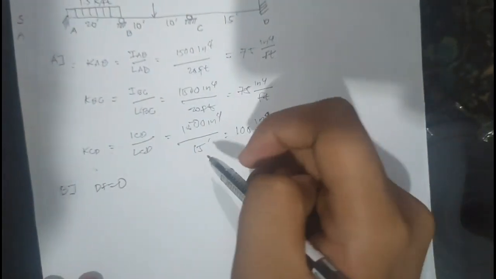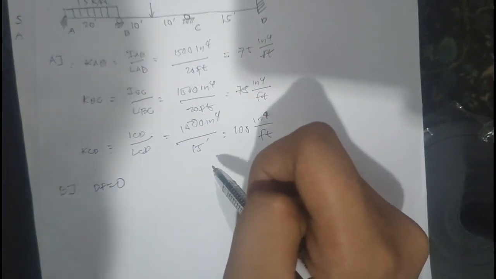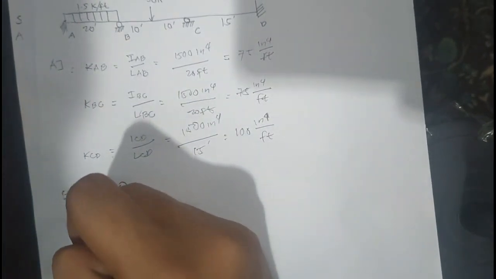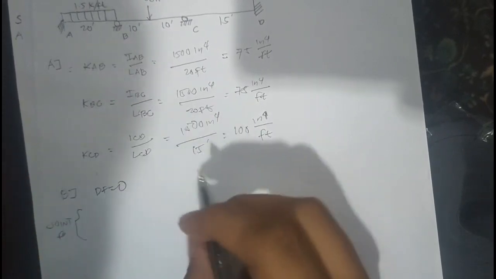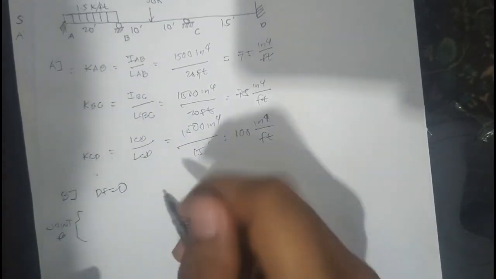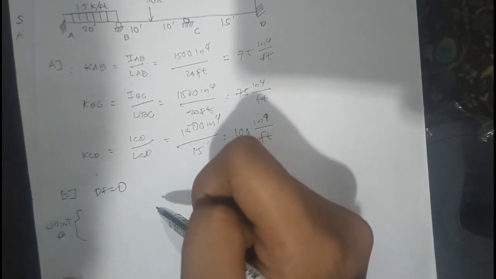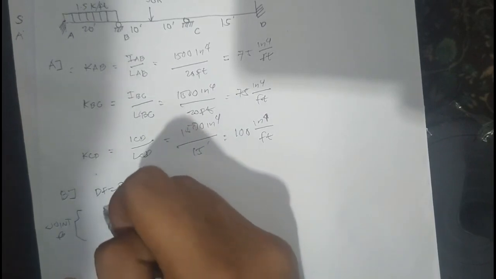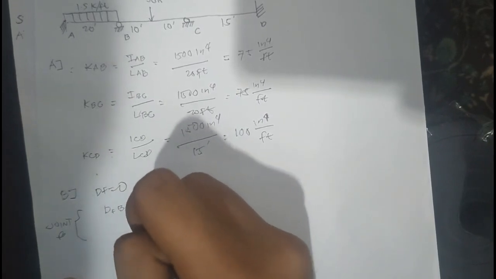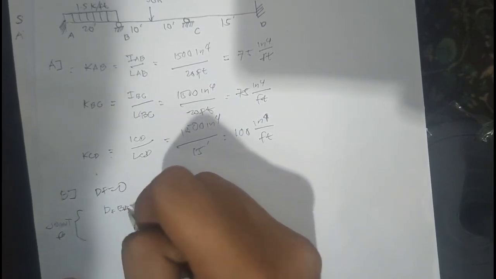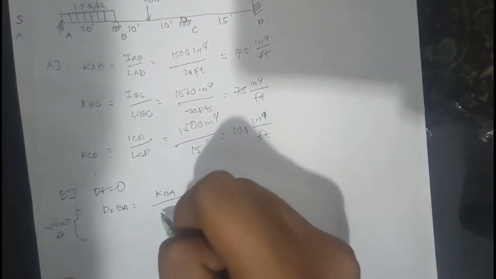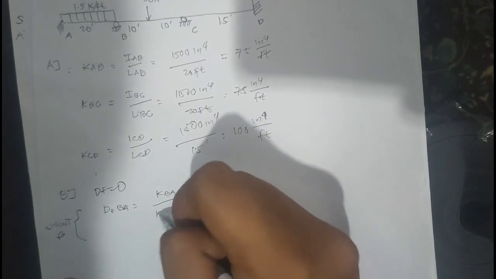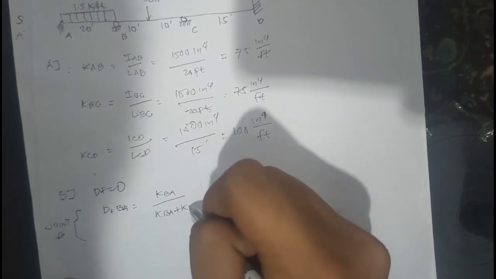The first thing to solve is joint B. DFBA equals KBA over KBA plus KBC.